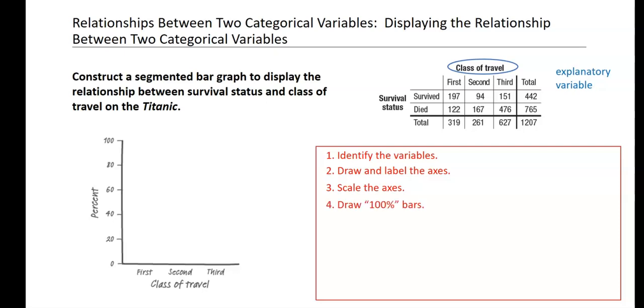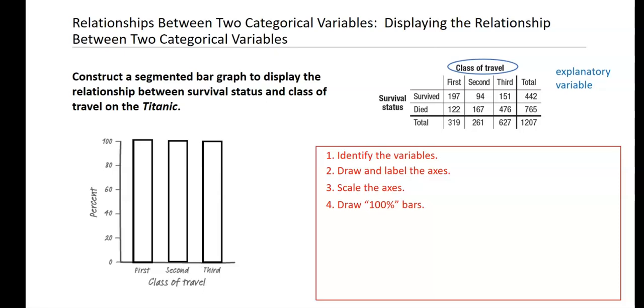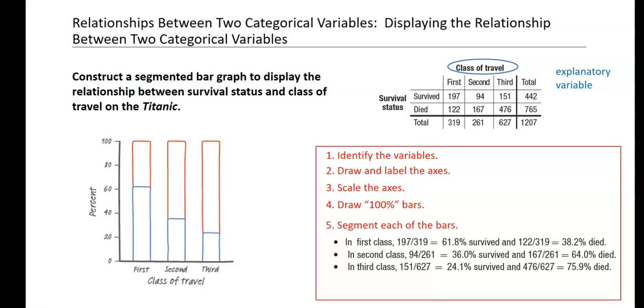In fact, for a segmented bar graph like this, you just draw the 100% bars to start with, and then you break it down. You figure out how many survived, how many didn't, and so you segment those by getting the percentages, and then you draw the segments. And preferably, this is a good time to use different colors. You don't have to. Some people shade inside one and not the other or something. You can see that's really stark there.